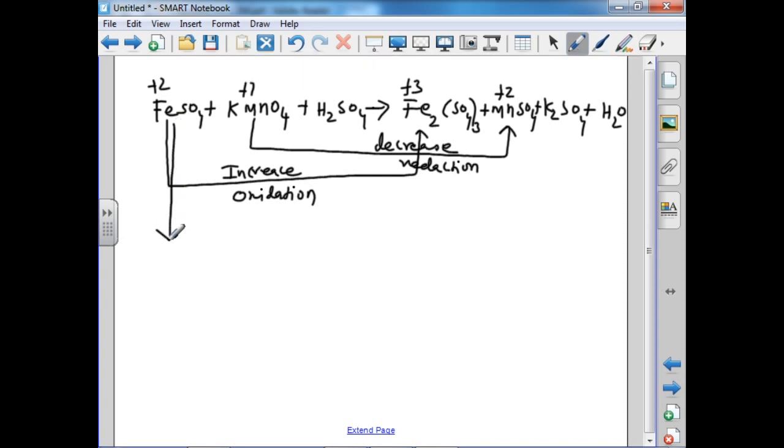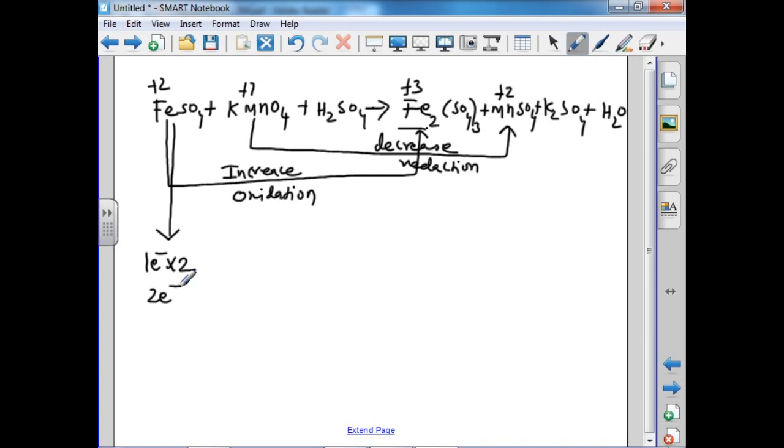So what is the difference? Plus 2 to plus 3, only 1 electron. So how many atoms of Fe in the reaction? 2. So 2 into 1 electron equal to 2 electrons.